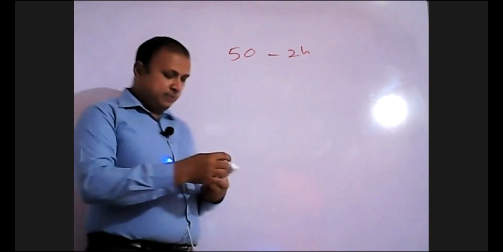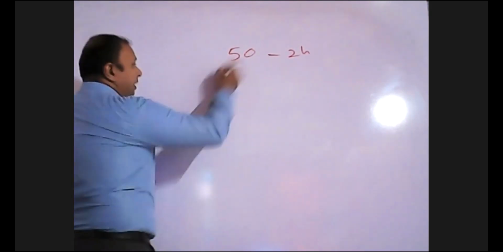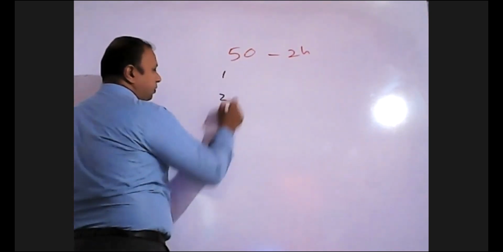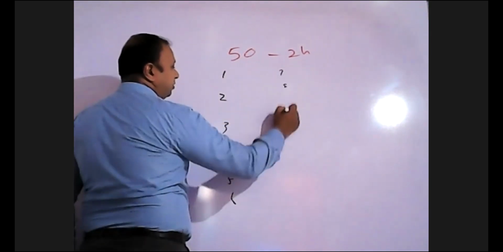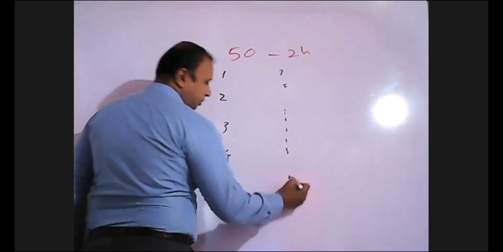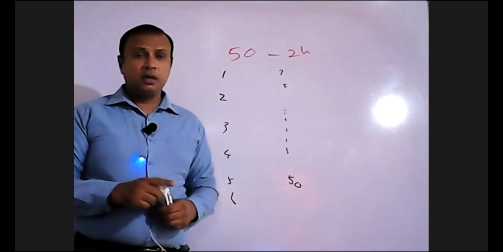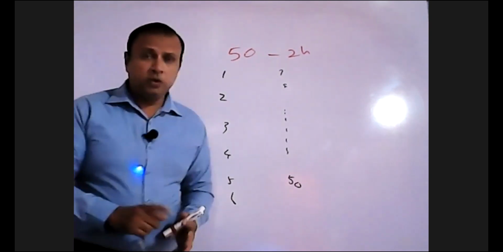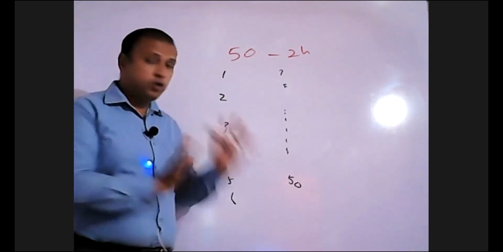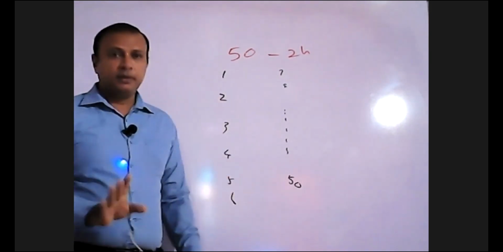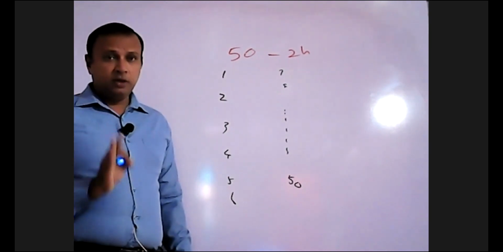Suppose we are given an MCQ tude or MCQ paper. Suppose there are 50 MCQs, 1, 2, 3, 4, 5, 6, 7, 8, until 50. When you are doing an MCQ paper, you should do it in this way. What is the way?